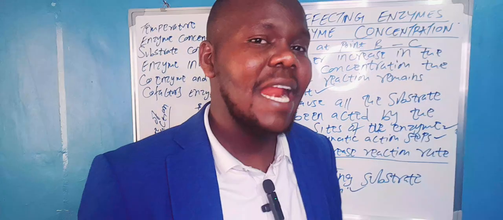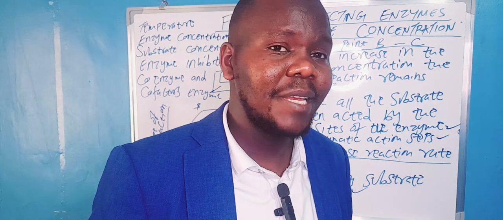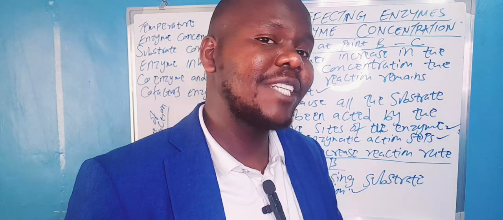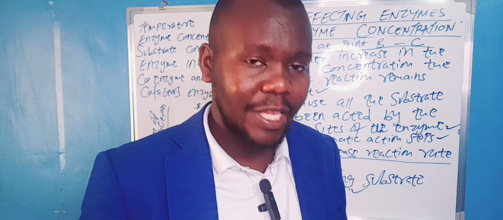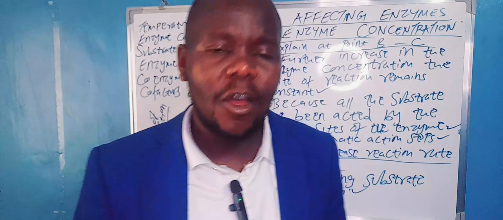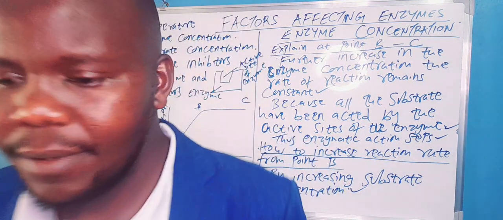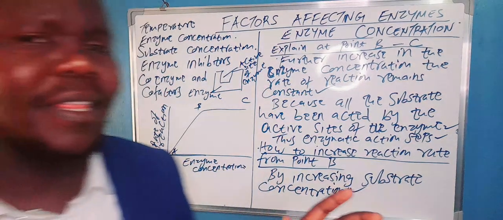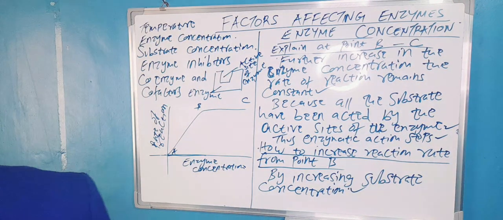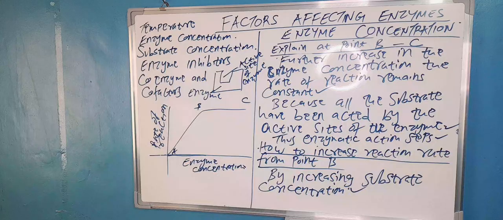If it's an alkaline condition, it will be a protein enzyme, but not the one working in the acidic stomach; it's now at the duodenum, and it will be the trypsin enzyme. So hope you have understood this factor number 1, which is the factor of enzyme concentration. Thank you very much.